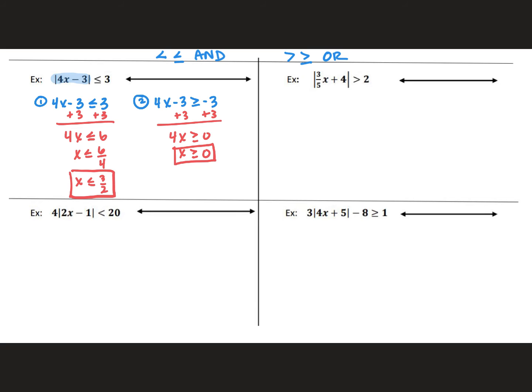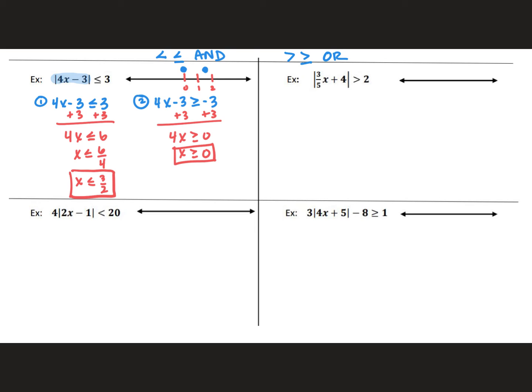All right, so now when I go to graph these, 0 is here, and then 3/2 is 1 1/2. So when I plot these little circles, 0 is going to have a closed circle, and 1 1/2 is going to have a closed circle.